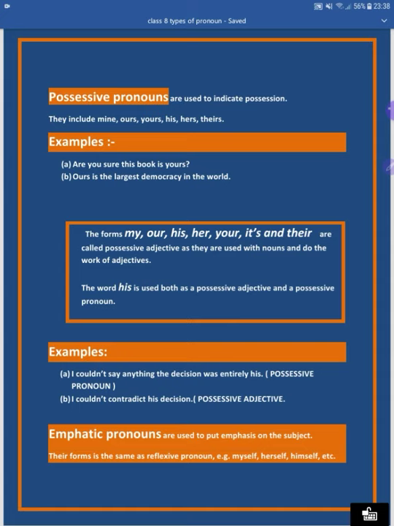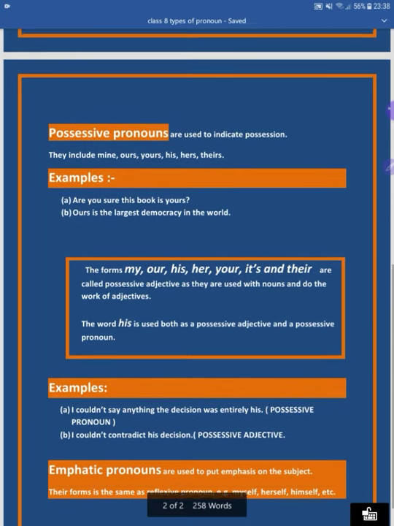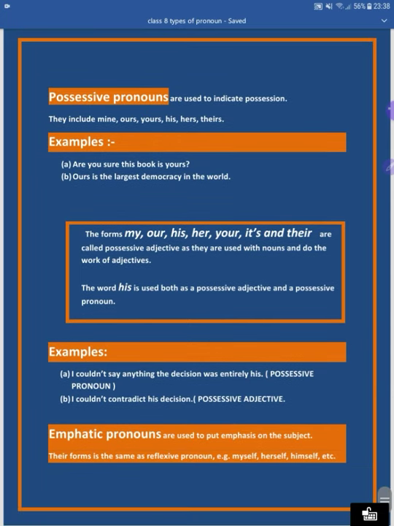Now, for example, we can see: I couldn't say anything, the decision was entirely his. In this you can see his is the possessive pronoun. I could not contradict his decision. His is the possessive adjective.